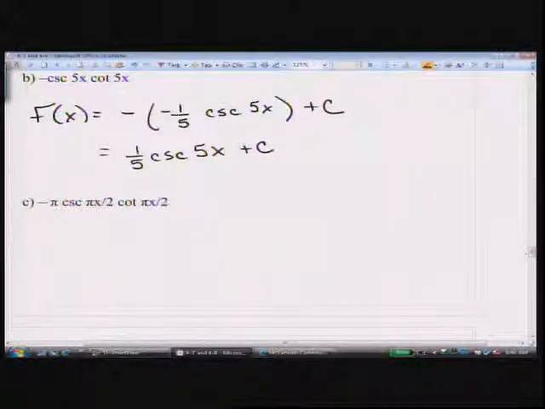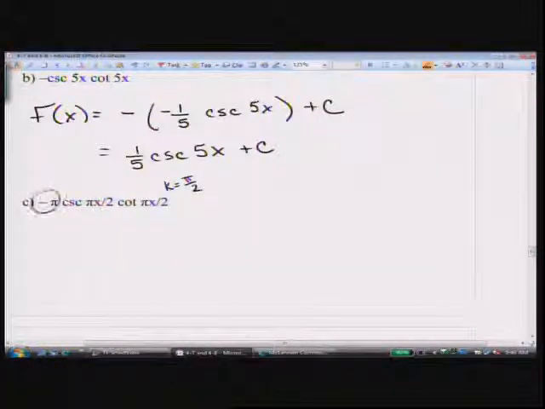All right. Pi x over 2. The k here is pi over 2, and this negative pi is just tagging along.